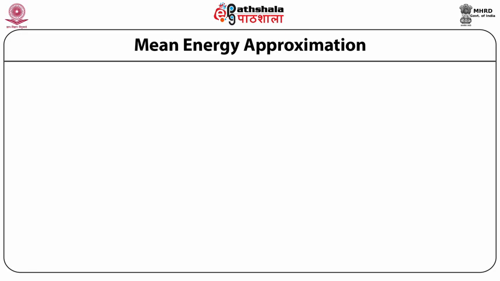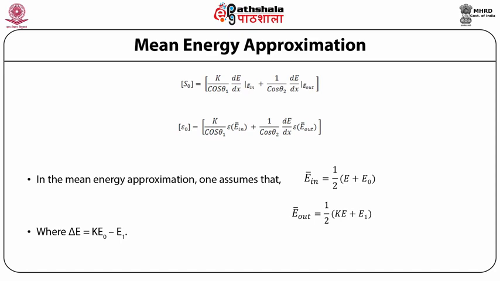A better approximation can be obtained by selecting a constant value of dE/dx or epsilon at an energy intermediate to that which the particle has at the endpoints of each track, and S0 can be written as S0 = K/(cos θ1 dE/dx at Ē in) + 1/(cos θ2 dE/dx at Ē out), and ε0 = K/(cos θ1 ε(Ē in)) + 1/(cos θ2 ε(Ē out)).